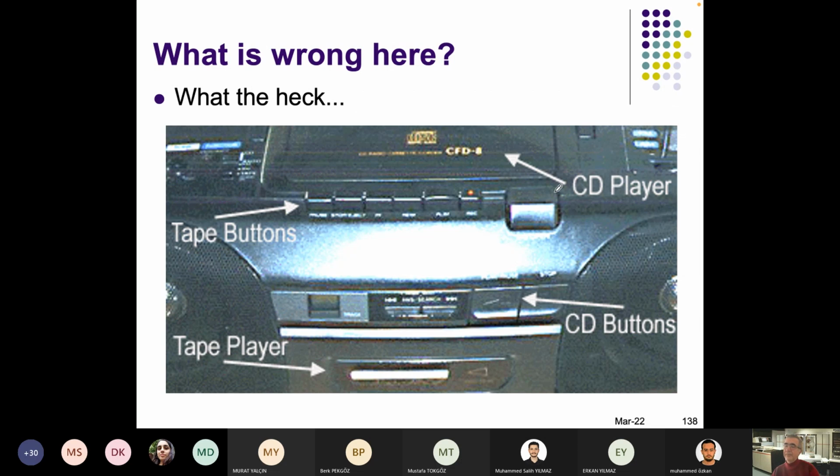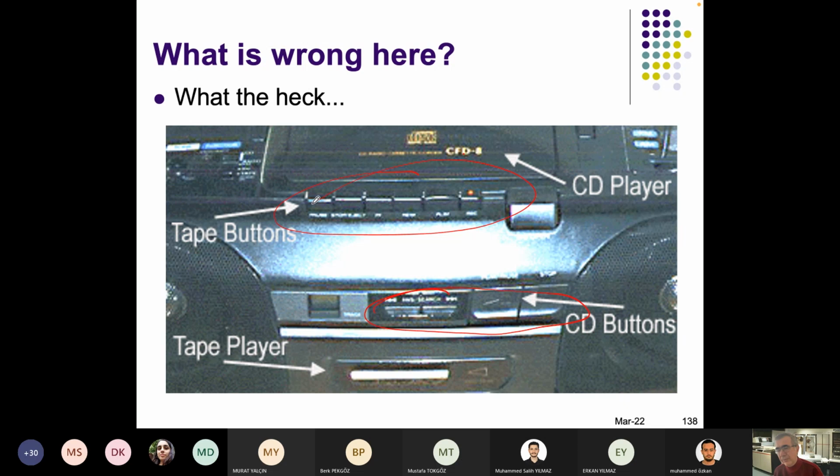So, CD player and buttons. Next to tape player, there are CD controls. Next to CD player, there are tape controls. This was the technique in many tape players several years ago, because technically CD player was an add-on to tape players.